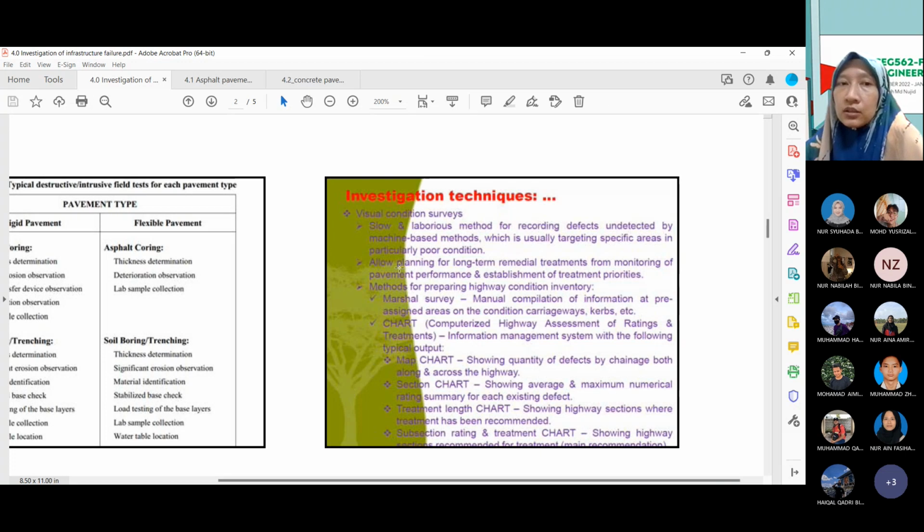Okay, selain daripada kita buat kaedah sampling tu, destructive test ataupun non-destructive test, kita boleh conduct also the visual condition survey. So, the visual condition surveys ni, kalau to the latest technology, sekarang ni kita boleh guna drone lah kan. Drone tu nanti dia can capture image, kemudian dia display result dan automated data semuanya. So, senang lah untuk kita buat maintenance activity.